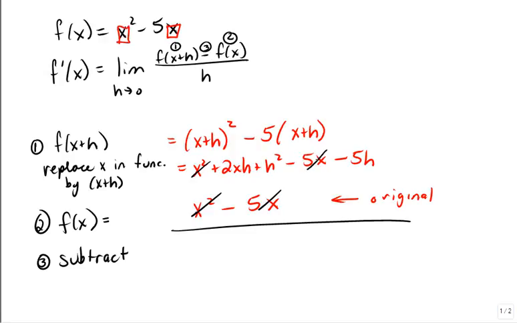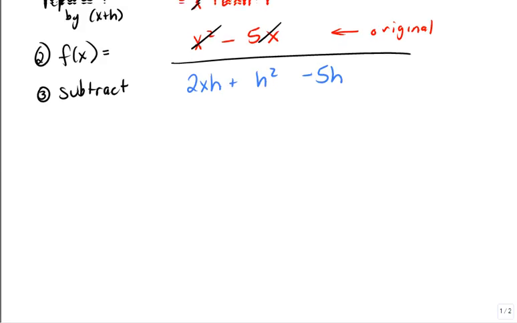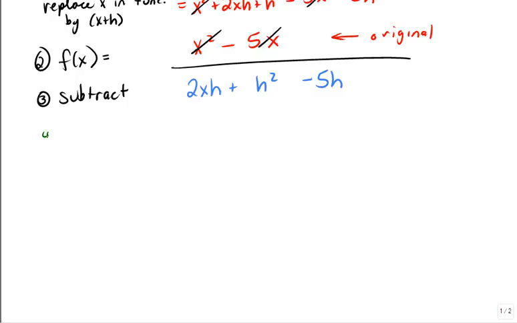And what's left is 2xh plus h squared minus 5h. The next step is to factor out h.